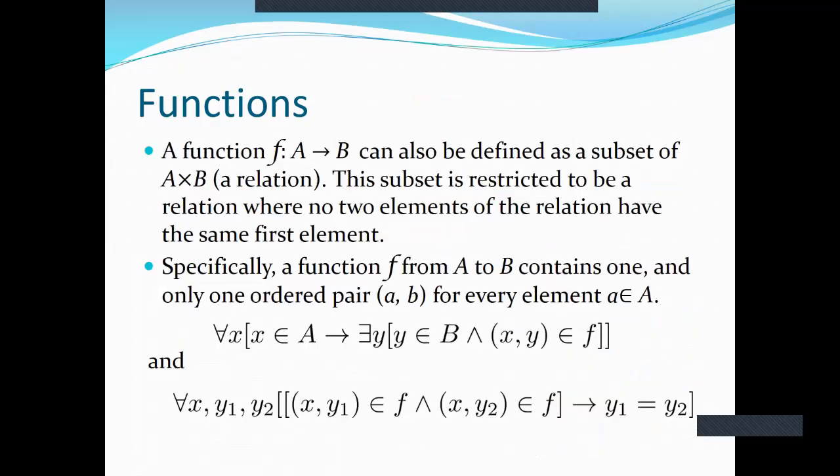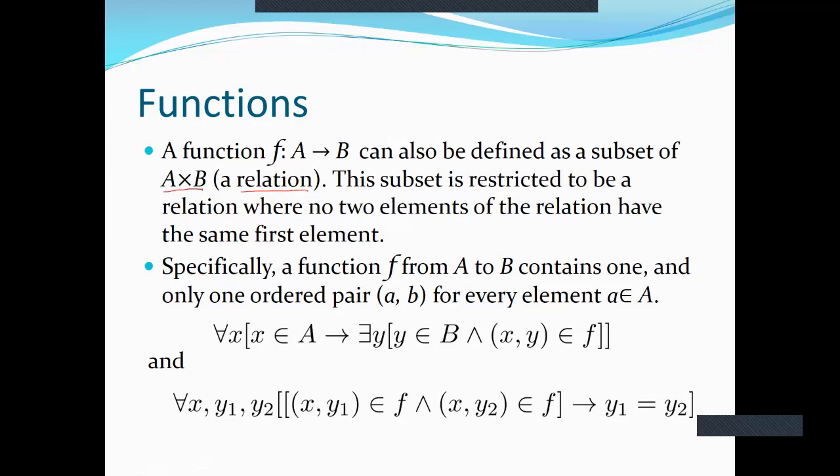Okay, so another way to define the function: a function f from A to B can also be defined as a subset of A cross B, or in short we call it a relation, right? We know what A cross B is. This is a Cartesian product of two sets, and as a result we get ordered pairs, which I mentioned in the last lecture.